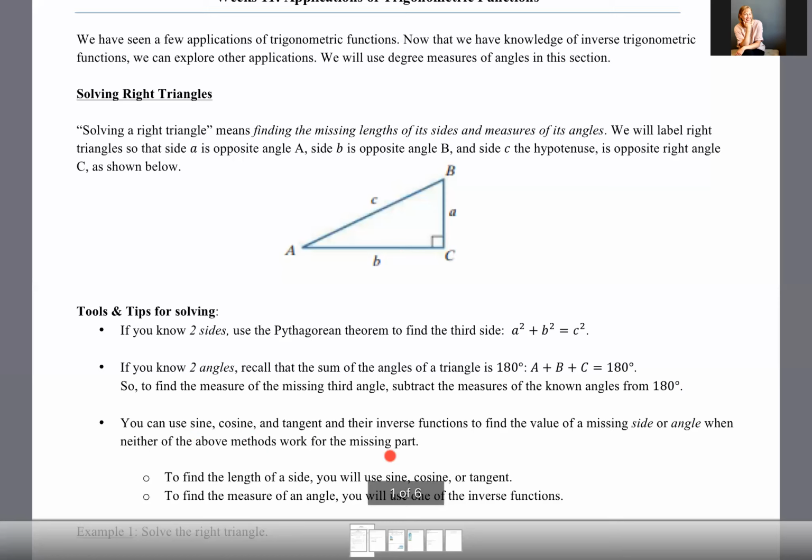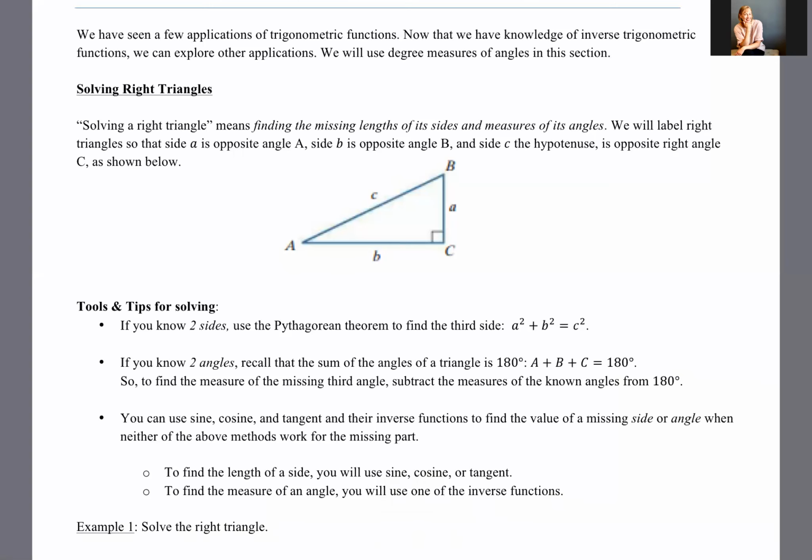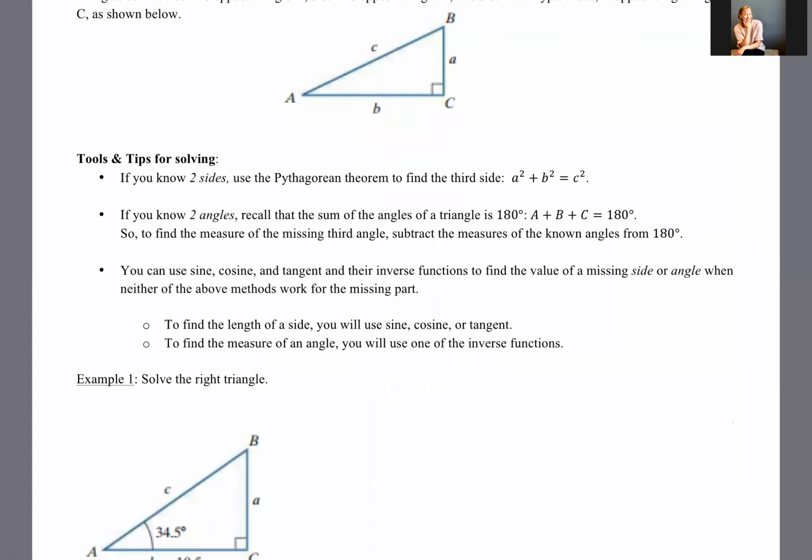Note that to find the length of a side, you will need to use sine, cosine, or tangent. But the inverse functions give you angles. So to find the measure of an angle, you're going to use sine inverse, tangent inverse, or cosine inverse, just depending on what you need in the given situation. And we'll see how that all works in practice.